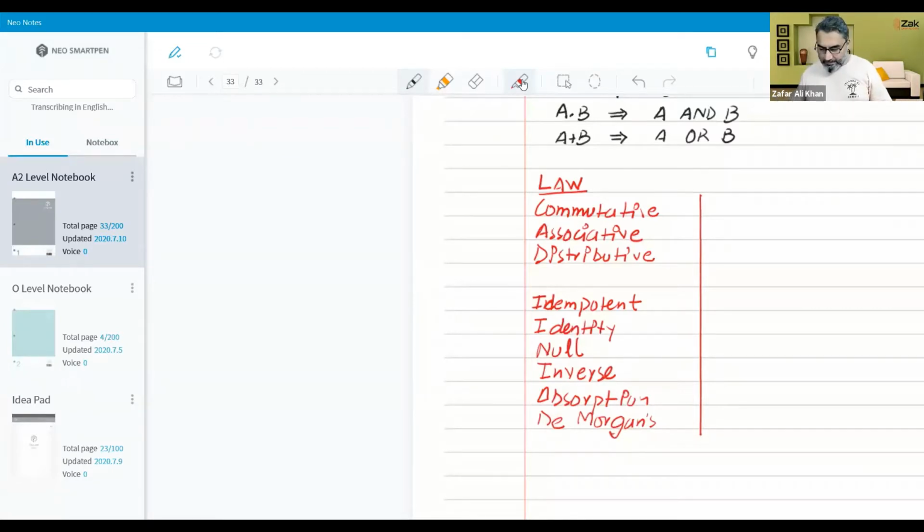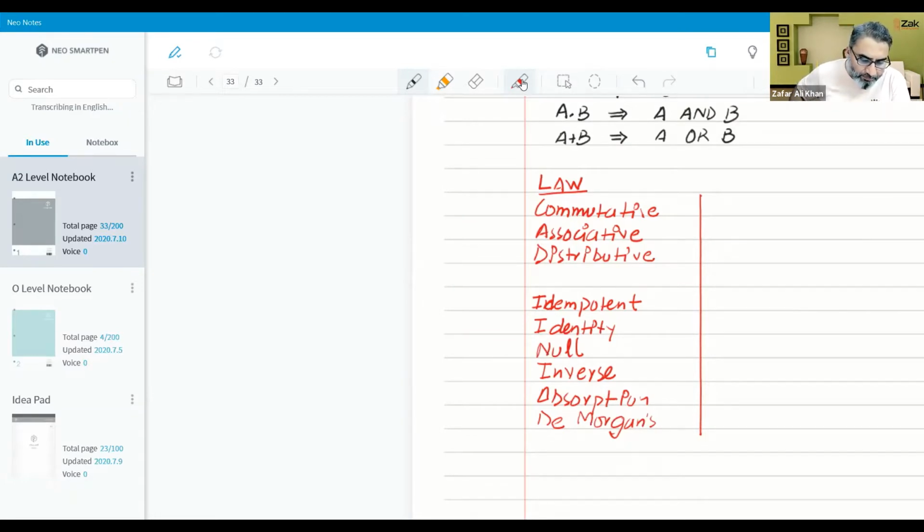So what commutative, associative, distributive, idempotent, identity, null, inverse, absorption, and De Morgan's law say, you have to remember with good knowledge. What I'm going to summarize here are the rules that govern Boolean algebra. It also includes De Morgan's law.